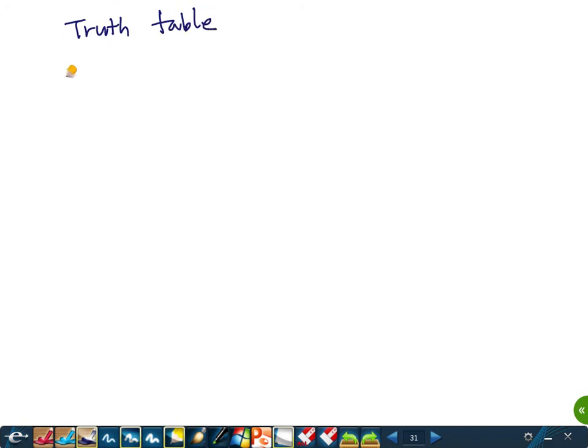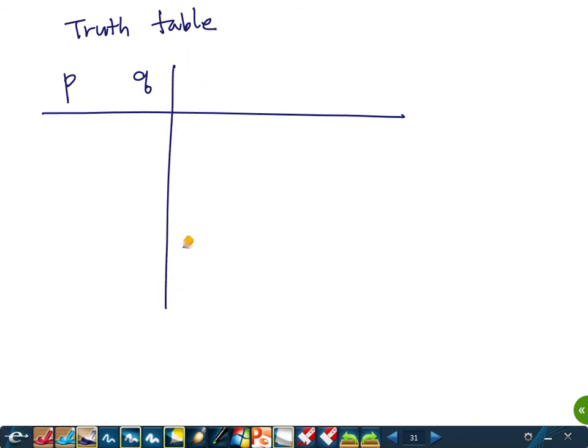So here is the definition. This is what I mean by and, or, not. This is P and Q, P or Q.